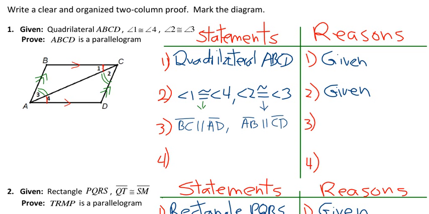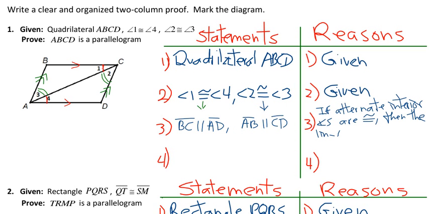And the reason would be the converse of the alternate interior angles theorem, which says that, I'm just going to write it in a short way, if alternate interior angles are congruent, then the lines are parallel.